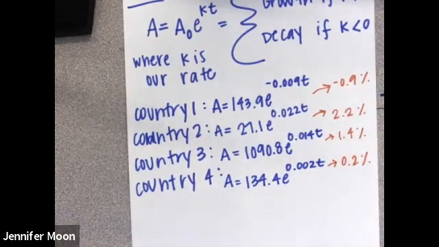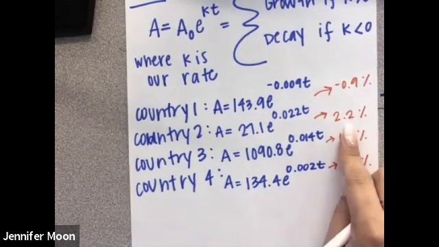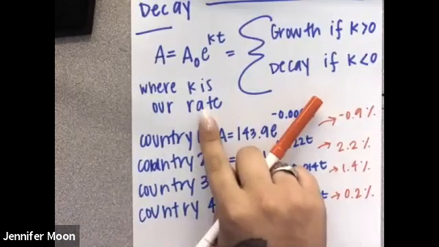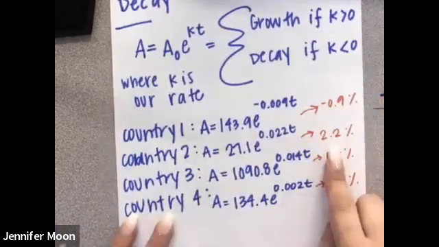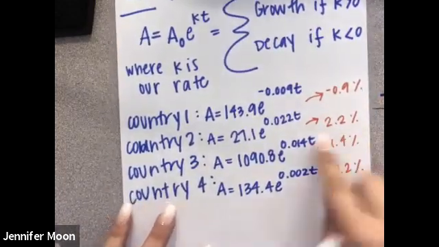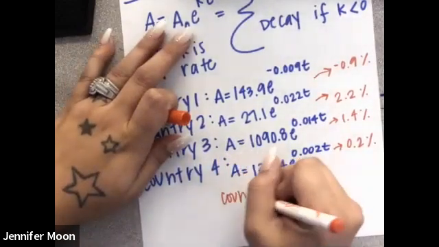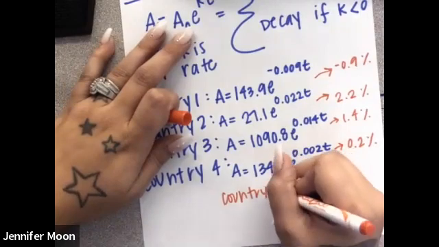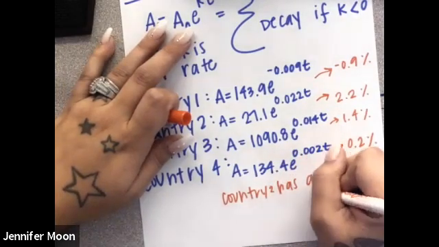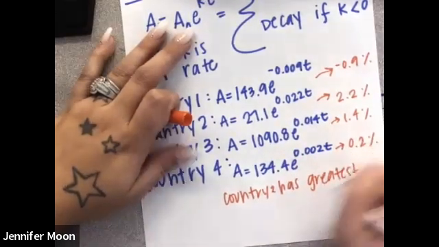Looking here, which one would have the greatest growth rate? Yeah, country 2, because this is the rate, and I know it's growth because it's positive, right? And so that would end up being it right here. You would literally just say that country 2 has greatest growth rate.